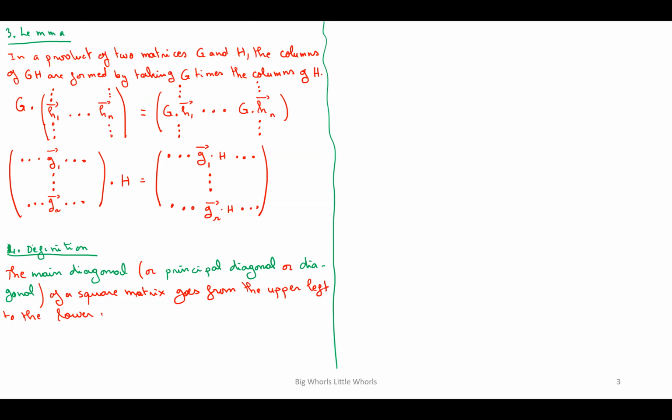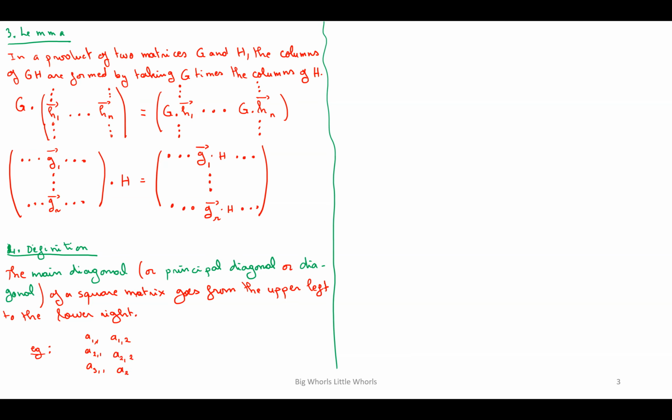So this is the example. Let me give you this 3 by 3 matrix. Let's say you have a11, a21, a31, a12, a22, a32, and a13, a23, and a33.